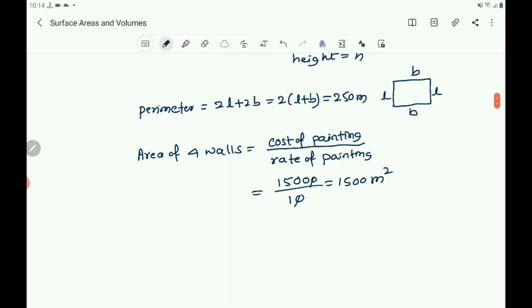So area of four walls in terms of L and B, area of four walls means LSA.